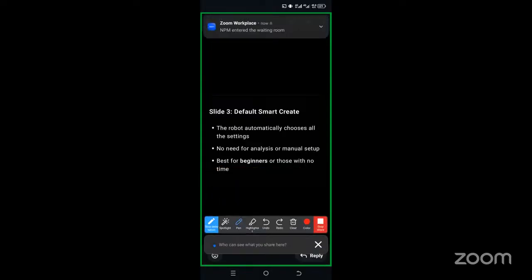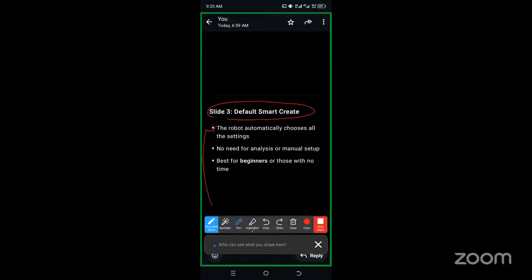default Smart Create. As we are doing the review, we said that the robot automatically chooses all the settings. That's one. Two, no need for analysis or manual setup. Three, it is best for beginners or those with no time. You are a beginner, you have capital, you have a mentor who helps you go through Smart Create, and you are making money as you are learning.